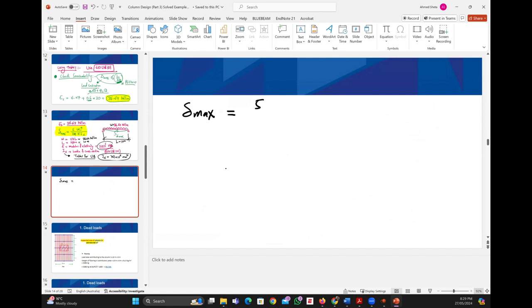We have 5 times W. How much W? 36.67, but this is in kilonewton per meter. Times L to the power 4. How much L? 10 to the power 4. Divided by 384 times E, 2 times 10 to the power 5 MPa.